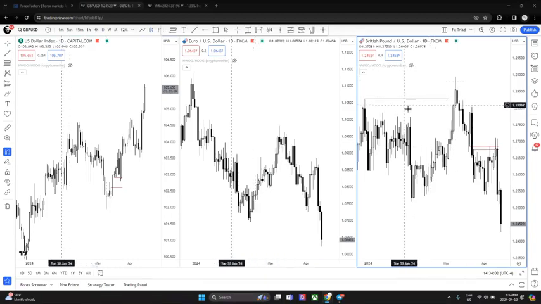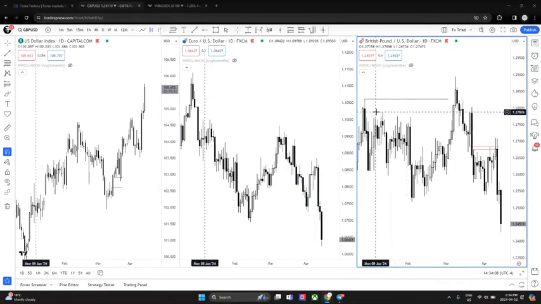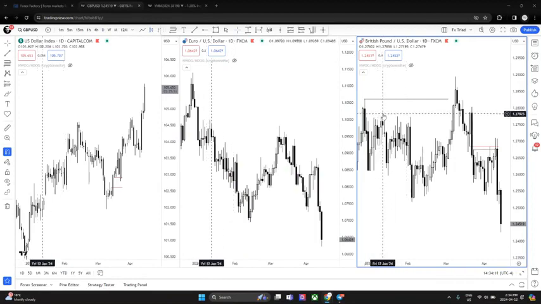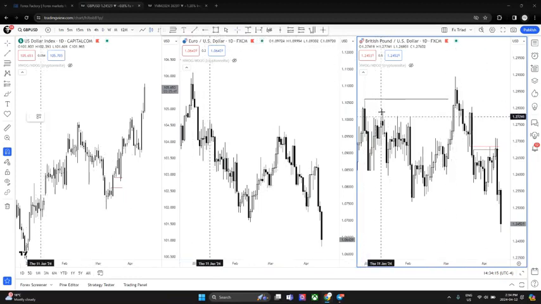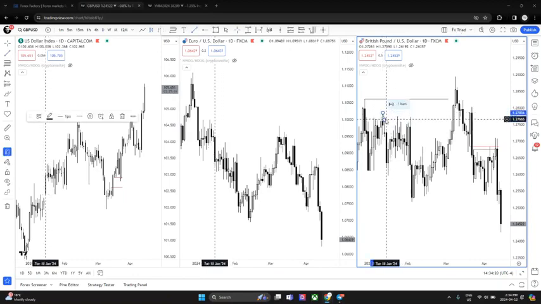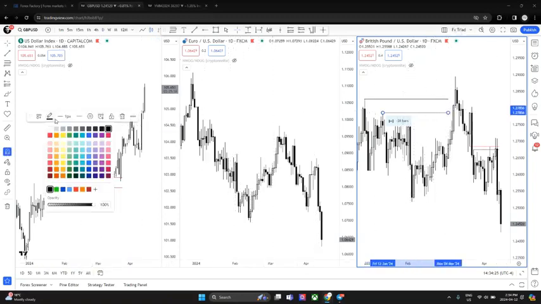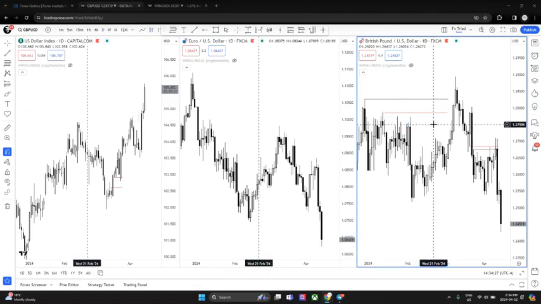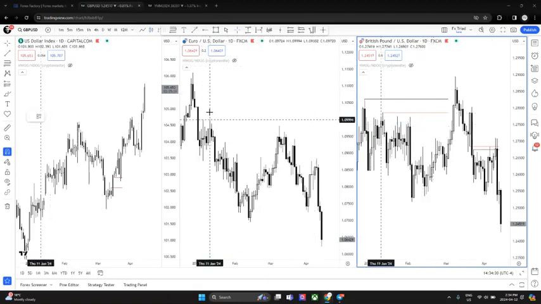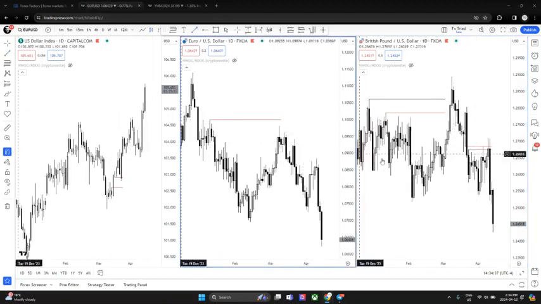If I move the cursor over here, you can see these highs, specifically this high right here for the pound, and I'll draw it out in time. I'll change the color to red. So this high right here, and I'll do it for the dollar as well.